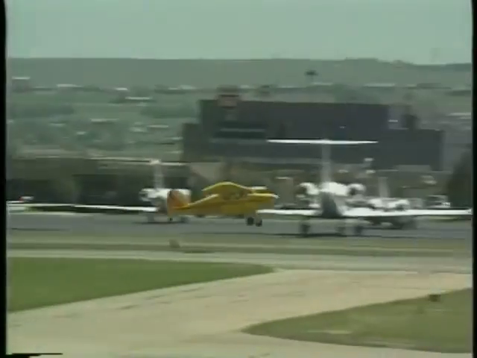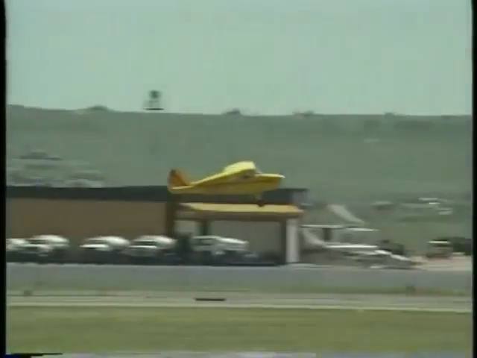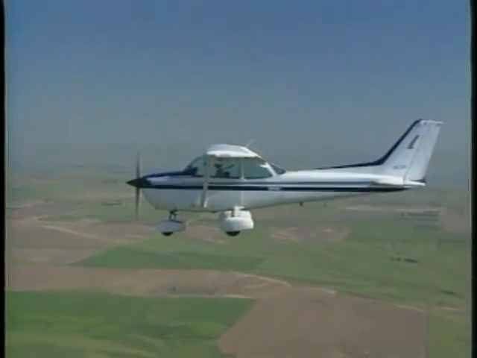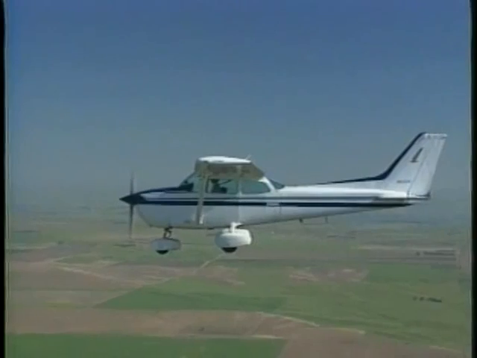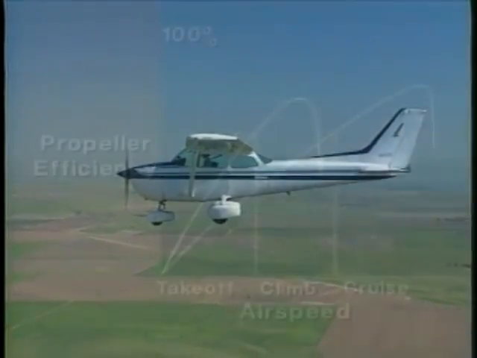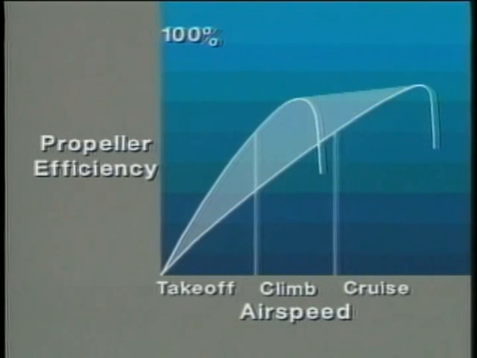Fixed-pitch propellers can be designed either with low blade angles to produce optimum takeoff and climb performance, with high blade angles for optimum cruise performance and fuel economy, or as a compromise between the two. On aircraft equipped with constant speed propellers, the propeller can be adjusted to maintain the optimum pitch angle.